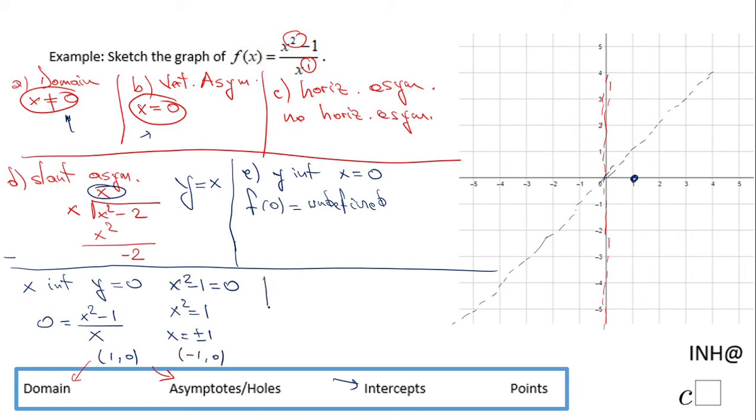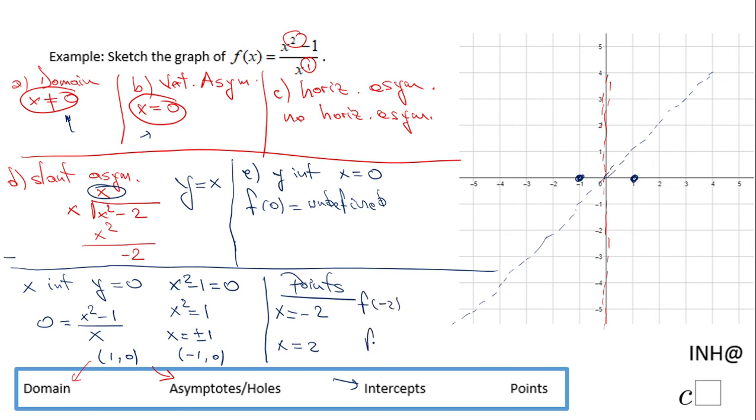And the last part here says points. Sometimes you're going to need more points to get an idea of how the graph looks. Oops, let me plot the other one, negative 1 and 0, right? So you may want to see what happens when x equals negative 2 and x equals 2. Plug them in and evaluate the function, right?